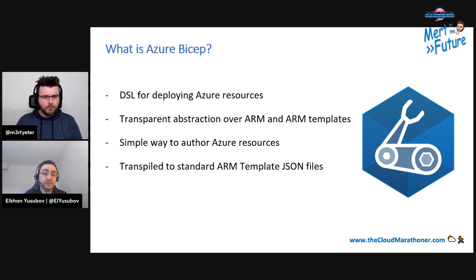This is where this tool comes in. A similar tool to Azure Bicep is Terraform. You may have heard about it. It's also doing good stuff with infrastructure as code. But there are of course differences.